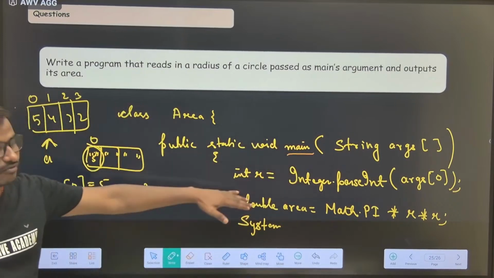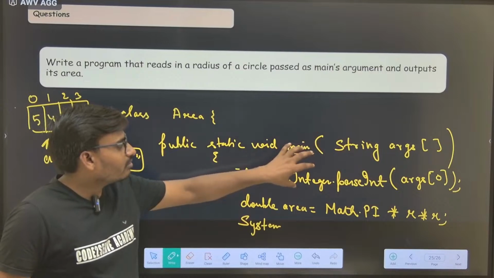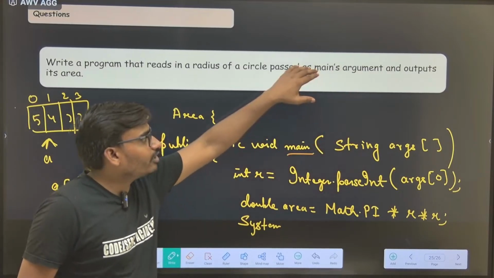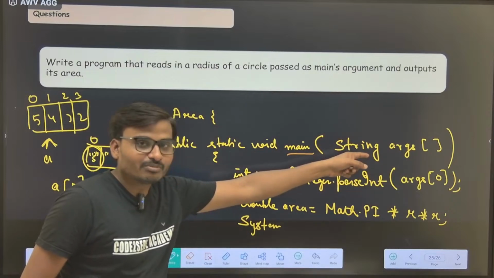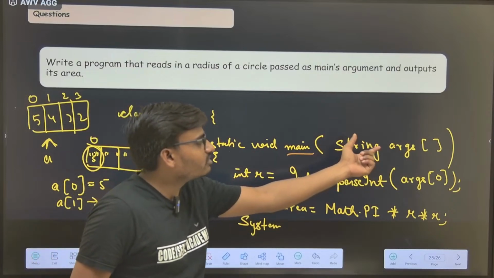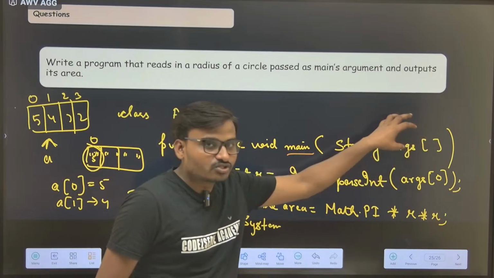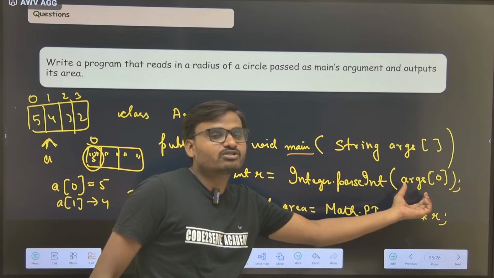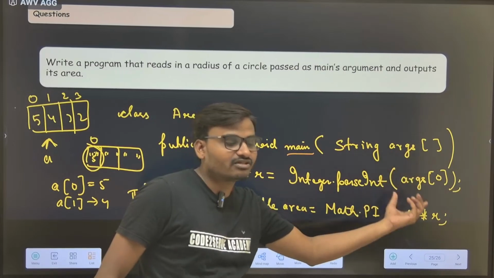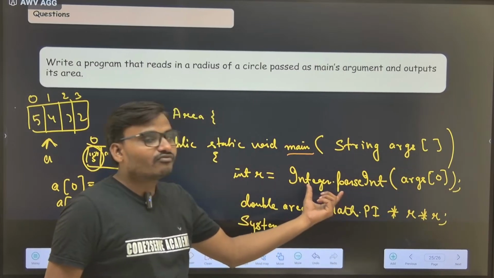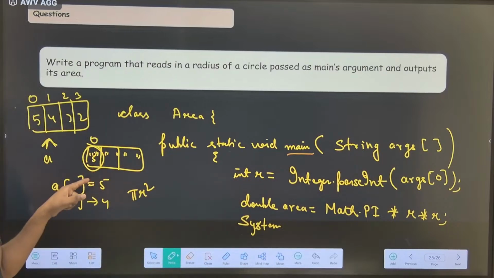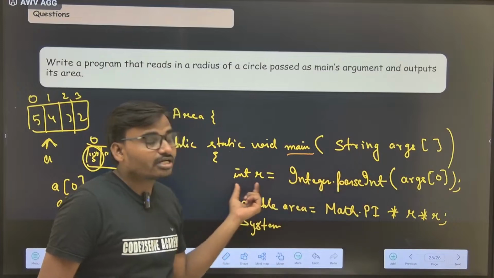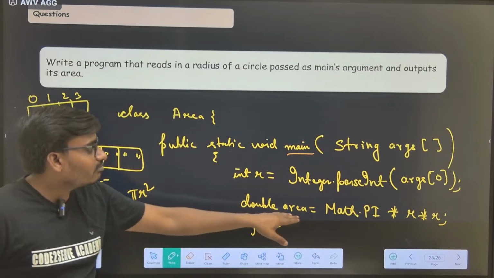Okay, straightforward. Only you have to keep in mind that main is also a method, so it also accepts arguments. So you were told the argument is passed to the main method. Since it is a string type, whenever you extract it based on the position from the array, that is the index 0, you have to convert it to an integer type to apply some mathematics.